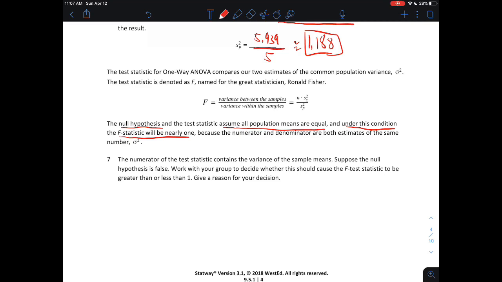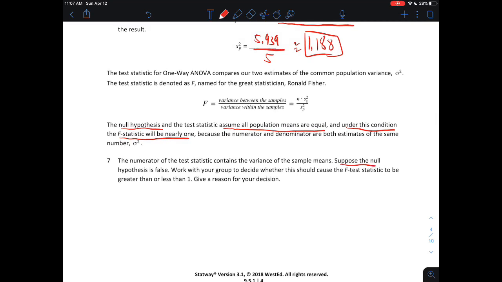In number 7, they say, suppose the null hypothesis is false. If the null hypothesis is false, that means at least one of the population means would be different, which would mean that the F statistic would be different from 1. If there is a difference, you can think there's a greater difference between the samples, which means there's a greater variance between the samples.